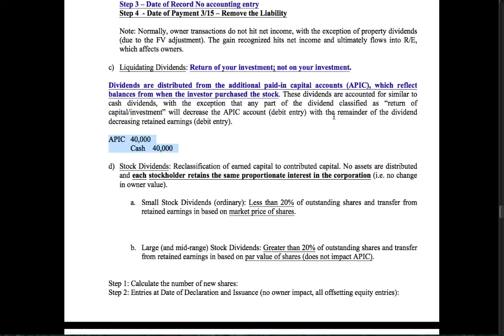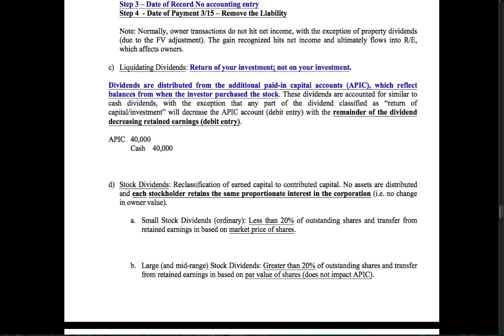However, what I will note is what it says in this last line. The remainder of the dividend will decrease retained earnings. So for example, let's say that in the additional paid in capital account, you only had $30,000.